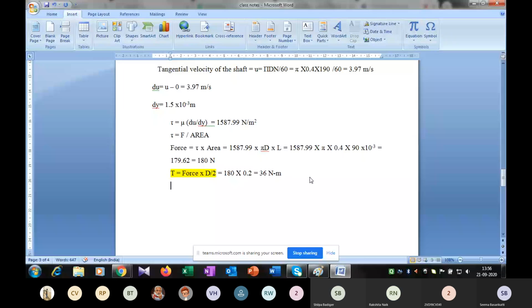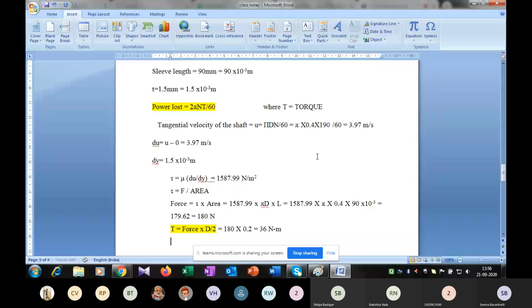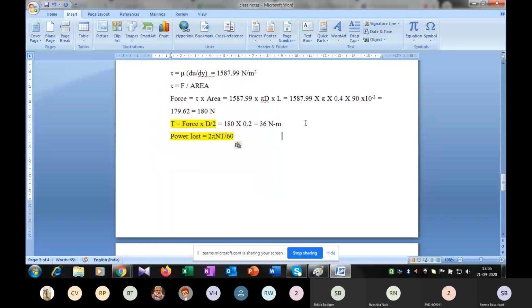Next, calculate the power lost. Number of revolutions is how much? 190. T is 36, whole divided by 60.